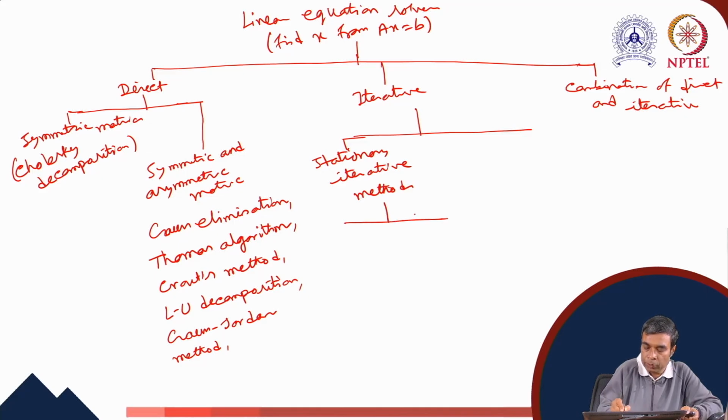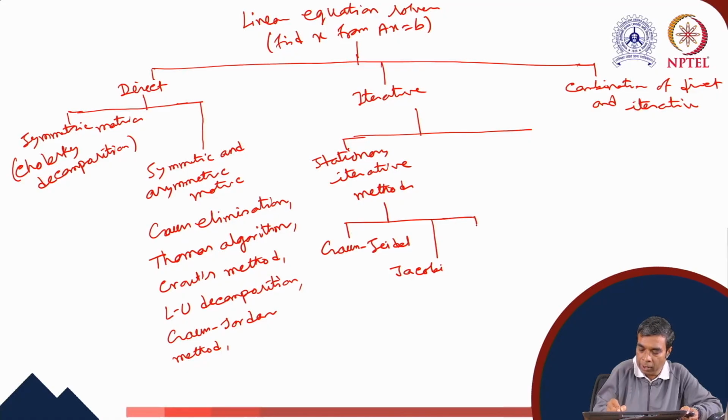Under stationary iterative methods, we have two prominent methods. One is known as the Gauss-Seidel iterative method. The second one is known as the Jacobi iterative method. And the third one, briefly written as SOR. We say this is successive over relaxation. So SOR, the full form is successive over relaxation.